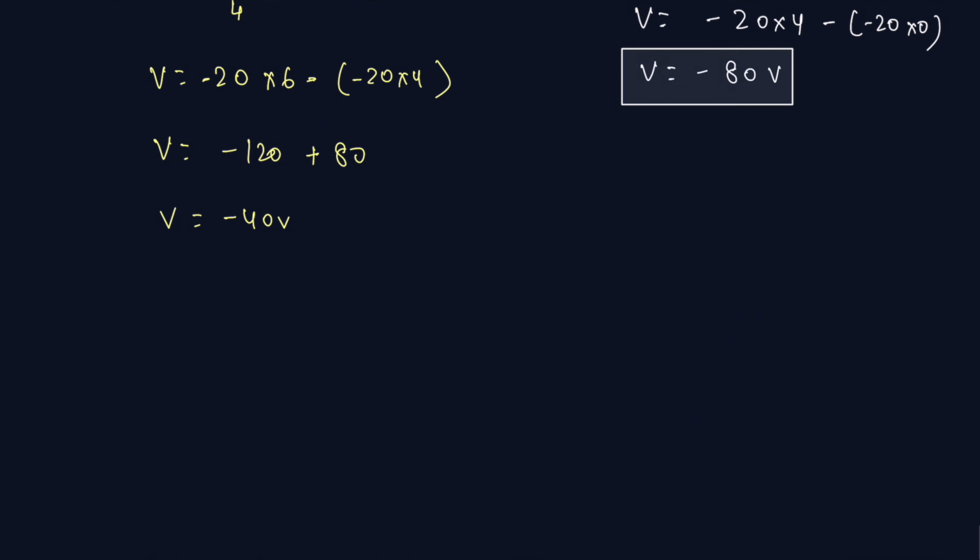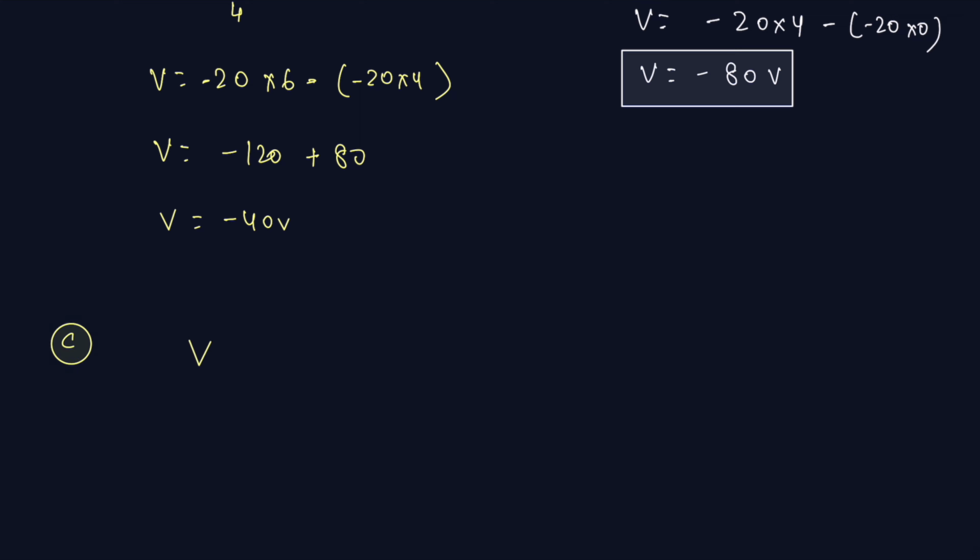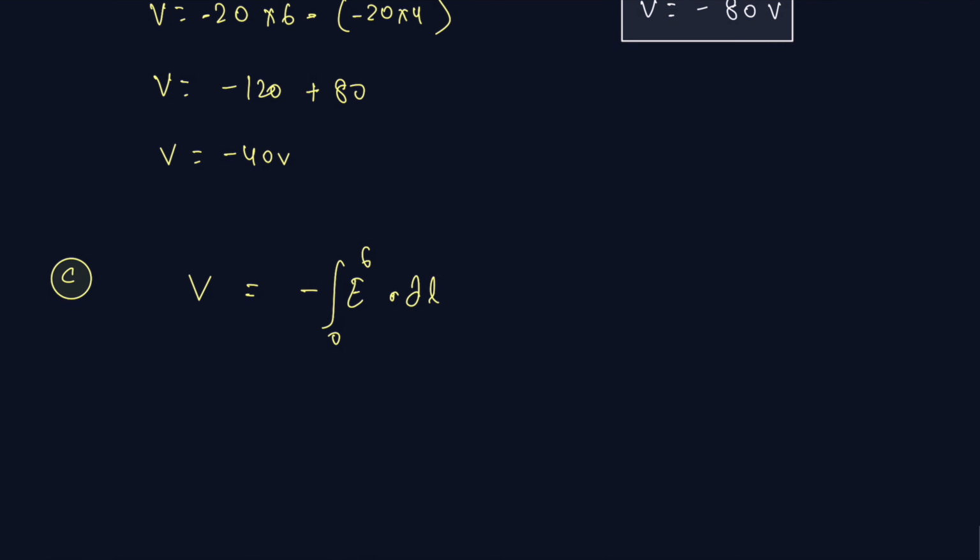So we can write it as V is equal to minus E dot dl from 0 to 6. V is equal to minus 20 into 6 minus 20 into 0. So V is equal to minus 120 volt.